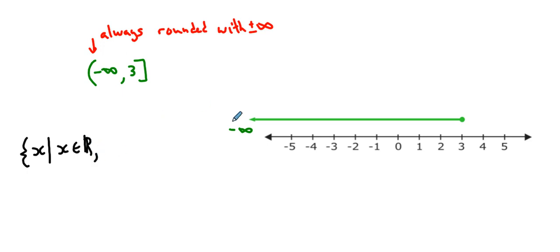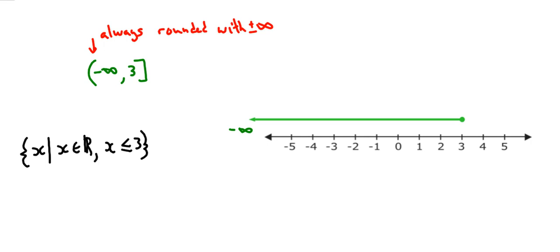And here, because we're going down to negative infinity, I don't really have any lower bound on this number, but I do have an upper bound. So we'd say x has to be less than or equal to 3 as a comparison piece. So remember, whenever you're dealing with an infinity value, it has to have that rounded bracket.